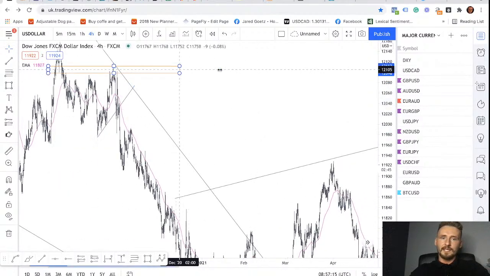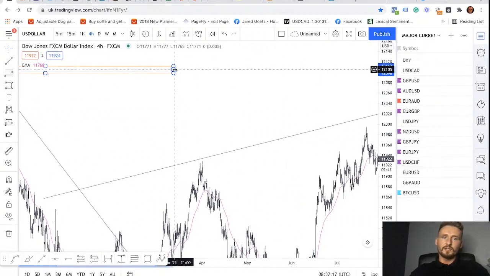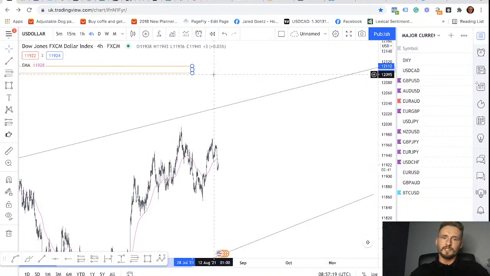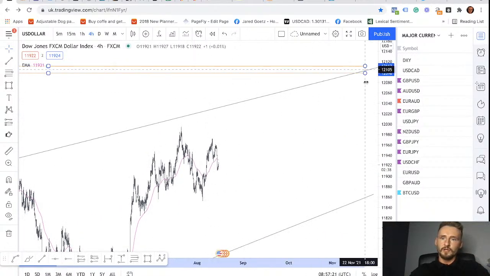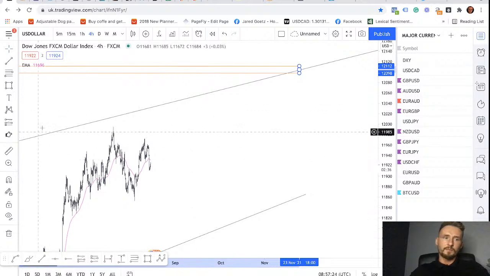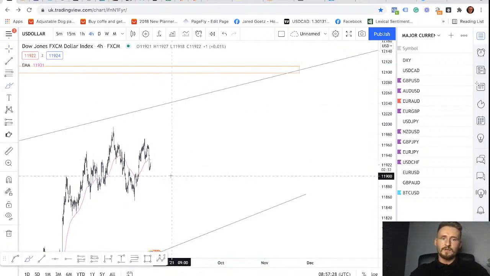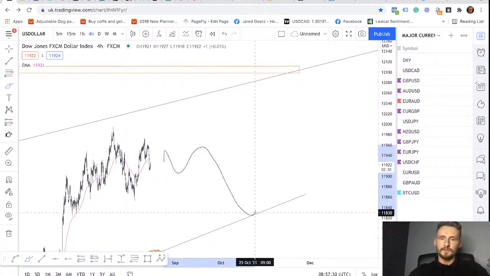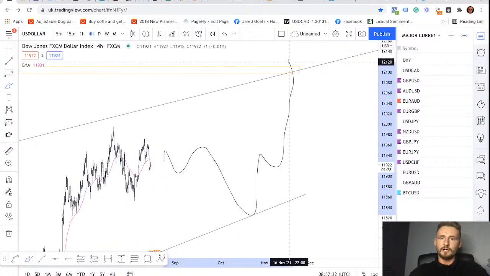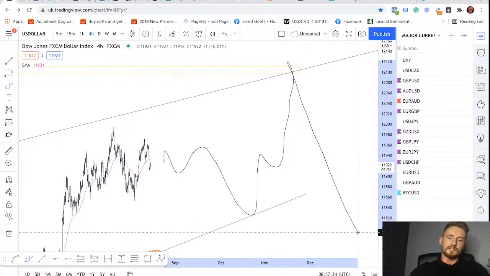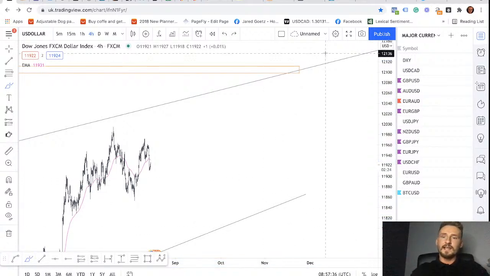I'm thinking an area like this we could come back up to. Okay, so if we slide this right across, we could come all the way back up, start creating higher highs, higher lows, and then maybe sort of drift. It might actually come down here, then come back up, then in an area like this, and then start to come back down. So me personally, that's what I'm thinking.